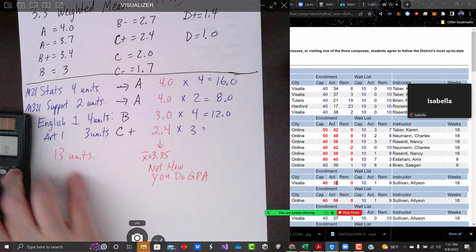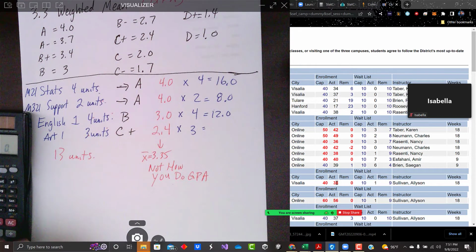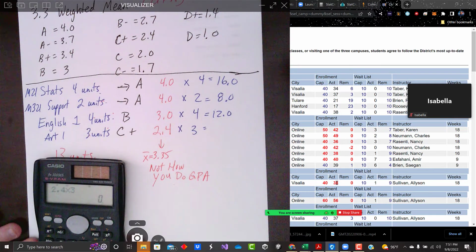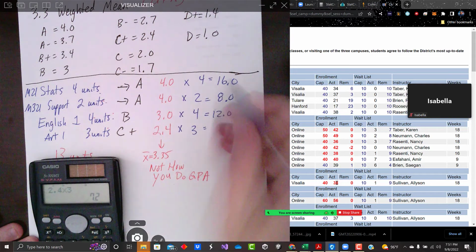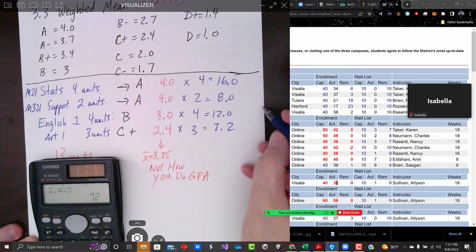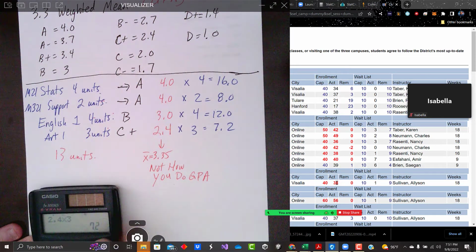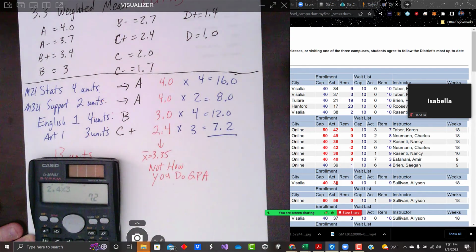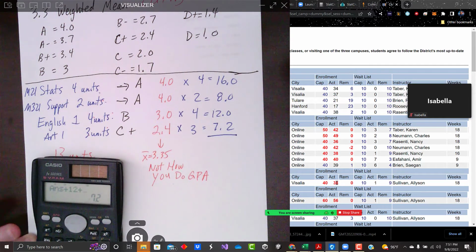2.4 times 3, I think it's 7.2, but I want to be accurate. So I'm going to do it on the screen. So 0.2. And we already said there was 13 units. Your GPA will be, I'm just adding up all those weighted values now. They've been weighted by the number of units.